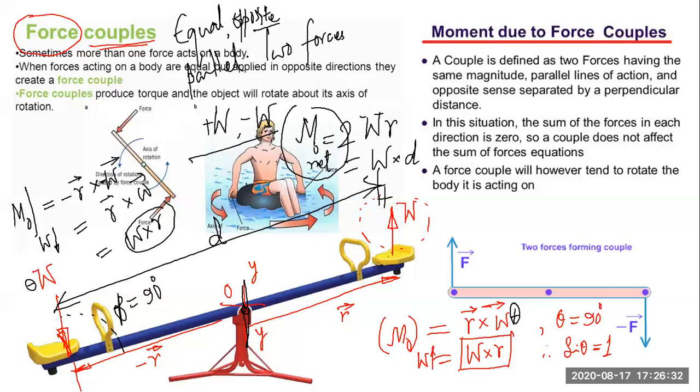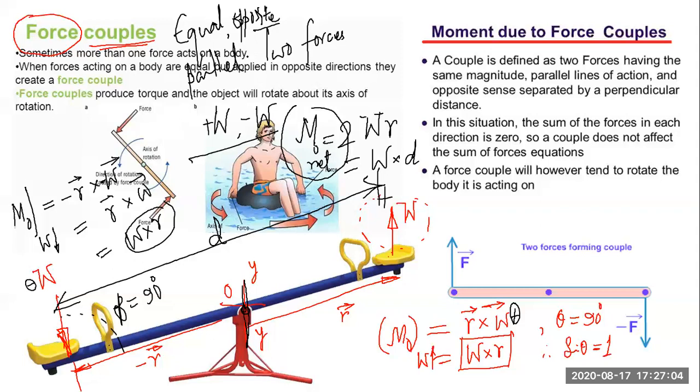And that net effect is called a couple. Why couple? Because the forces have the same magnitude but opposite direction. Since they are equal, opposite and parallel, these are called unlike parallel forces. So when two unlike parallel forces act on a body, the resultant moment is called a couple.